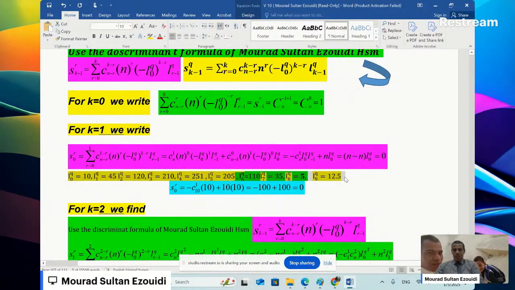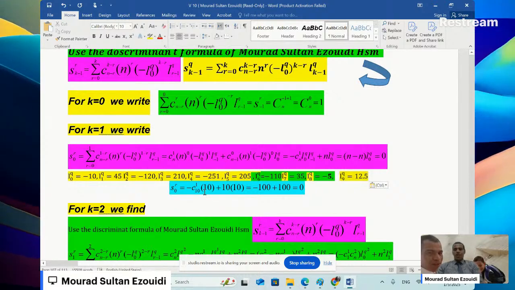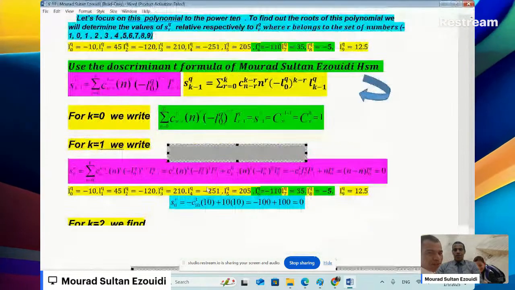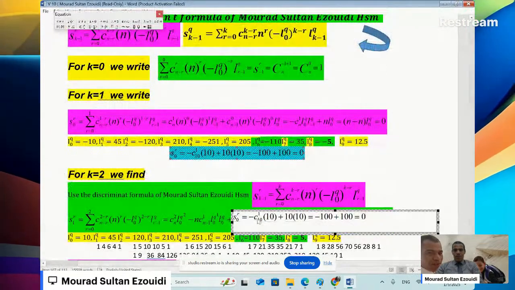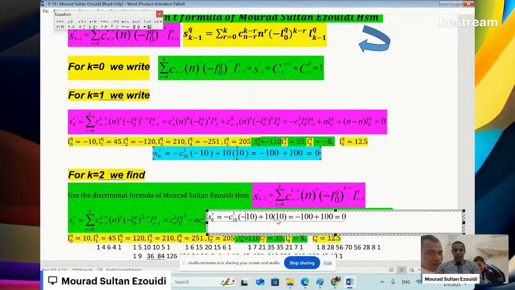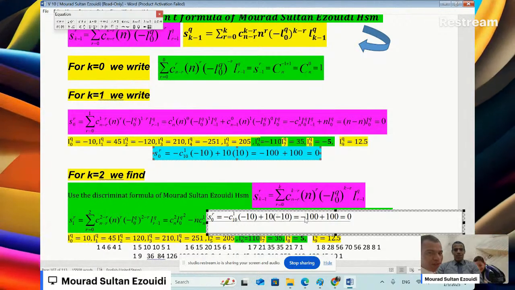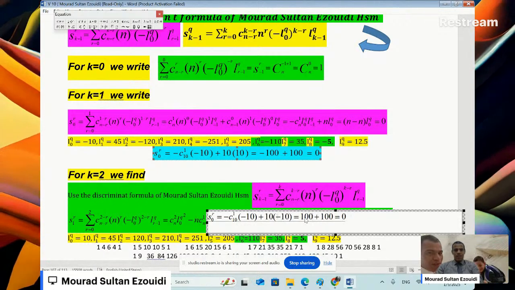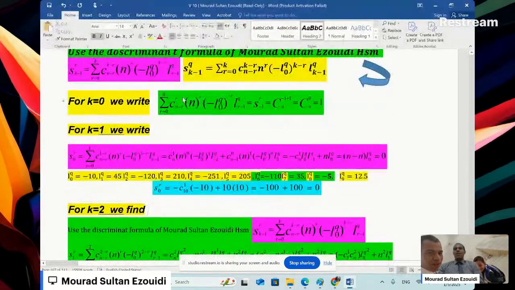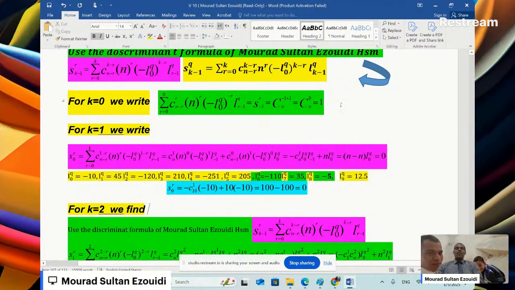S0 is always 0 simply because the sum of x's is going to be 0. Here L0 is negative 10, so I will change this one to negative 10. Plus 10 multiplied by negative 10. So this one, my kids, is going to be equal to 100 minus 100, which is going to be equal to 0. Except S minus 1, by convention, is going to be equal to 1.